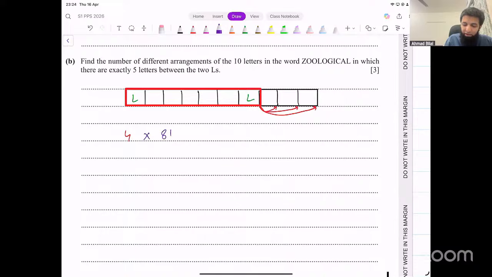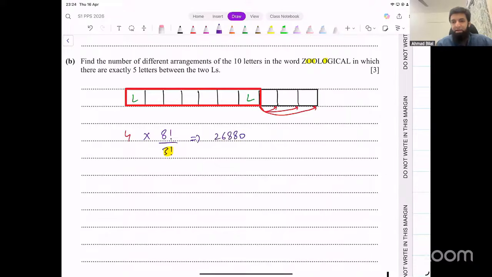That will be 8 factorial. However, 3 of them are identical, the 3 O's, so we have to divide by 3 factorial. And that will give us the result. 26880, that's the final answer that we get.